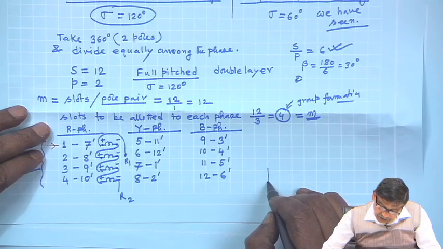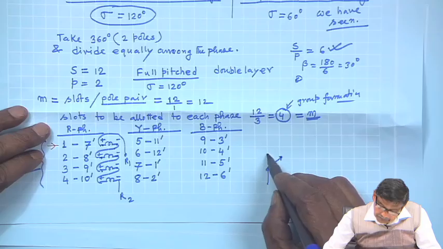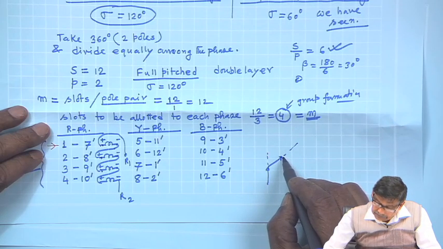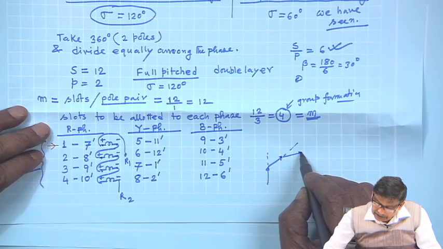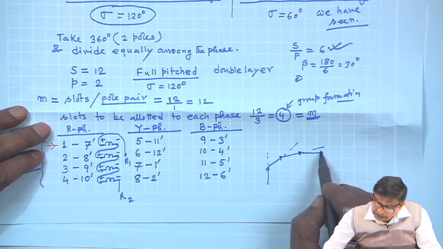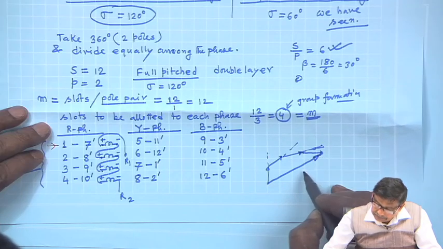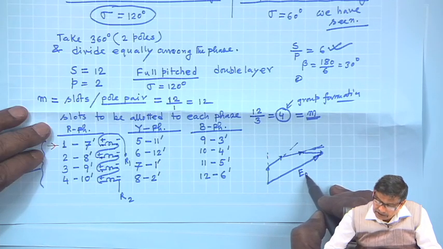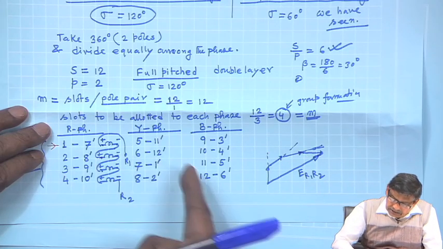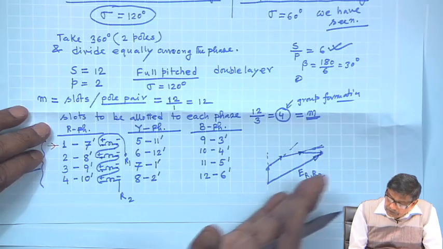If this is the first coil voltage, second voltage will be lagging it by beta, then this voltage will be lagging it by beta, and the fourth coil voltage will be lagging by the same angle beta, and this will be the resultant voltage, say E R1 R2. The values E1 1 dashed, E2 2 dashed and so on I am not writing, it is understood. So, this will be the R phase voltage.